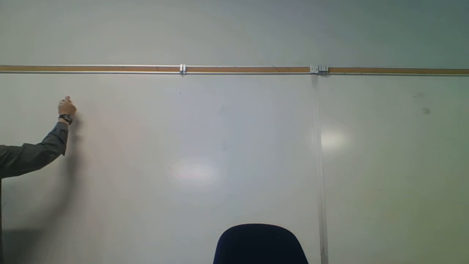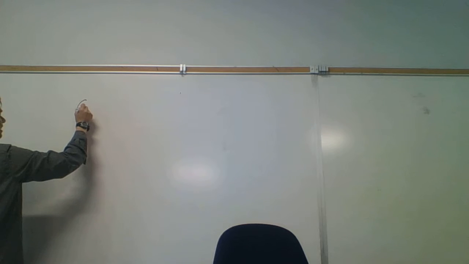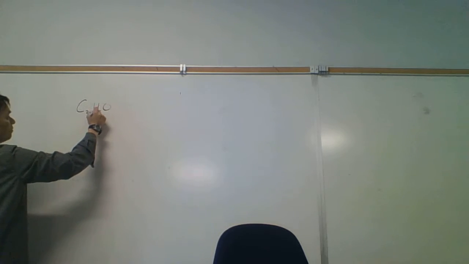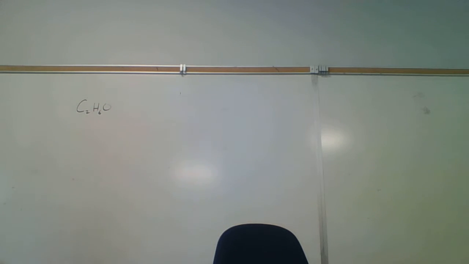Now, what do we do when we're drawing Lewis structures? When we're drawing Lewis structures, I don't normally total it up. And so let's draw the Lewis structure for C2H6O.